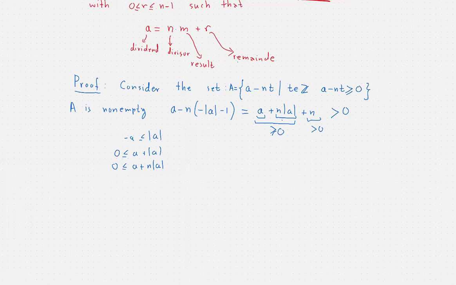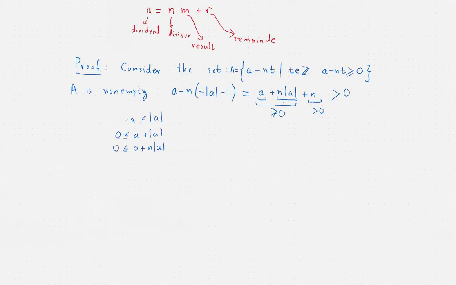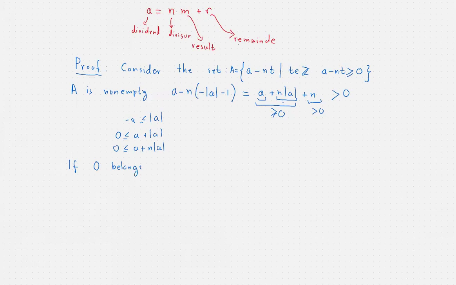Now, if 0 belongs to A, then A is written as NT for some T. And this is already what we need in our statement.